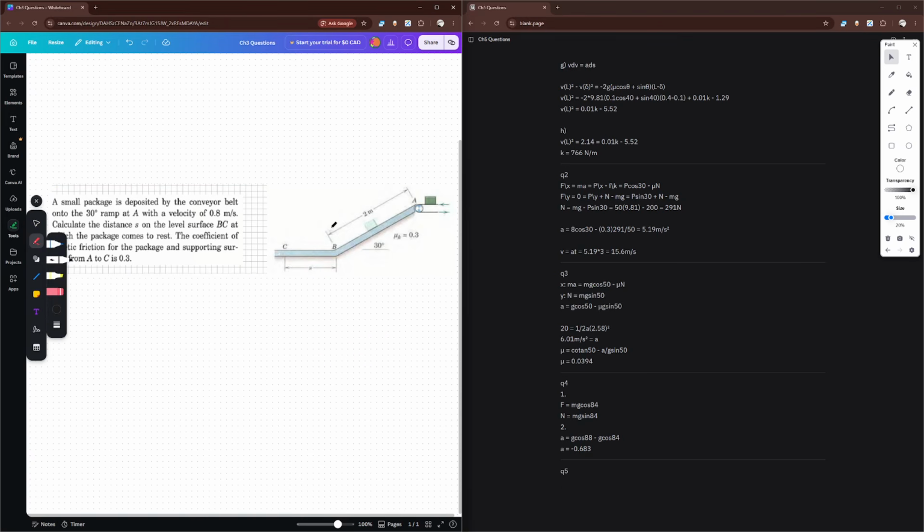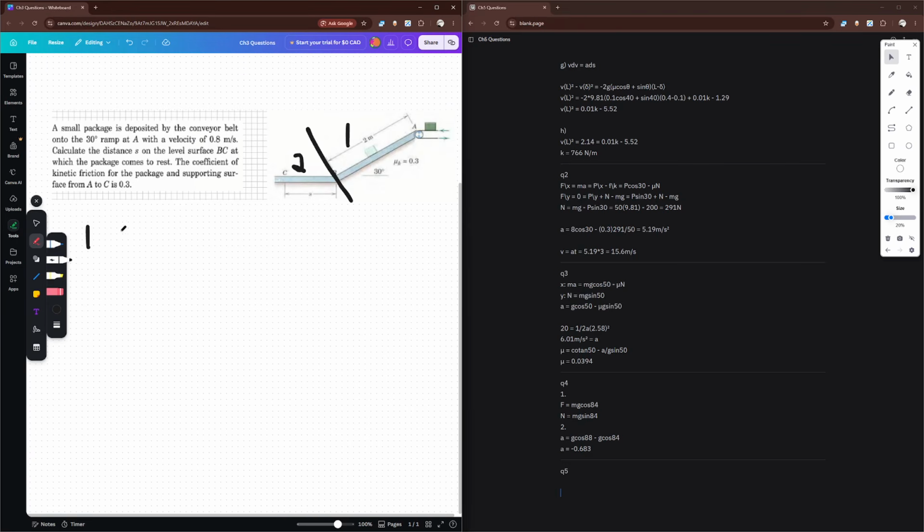Again, we're going to split this into two parts. That's right here. This is part 2, and this is part 1. So, let us start with the free body diagrams and the kinetic diagrams. So for 1, we have a free body and a kinetic.